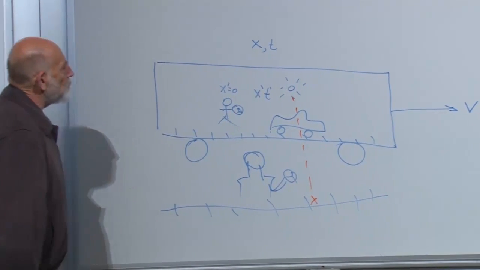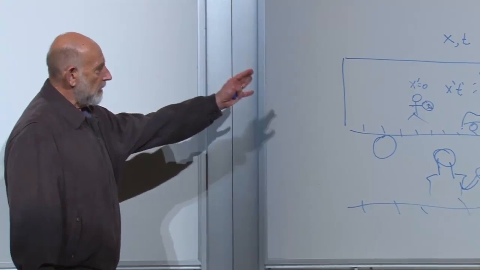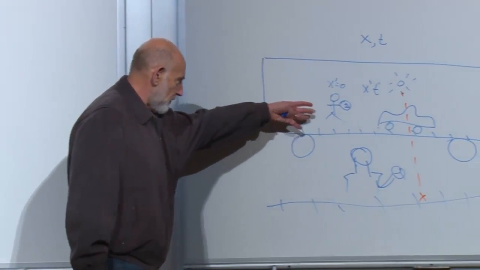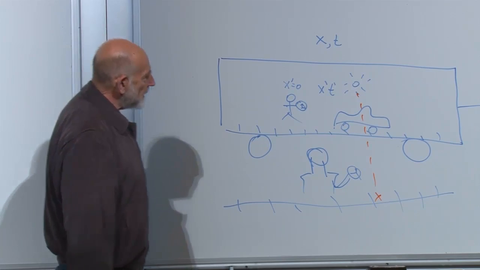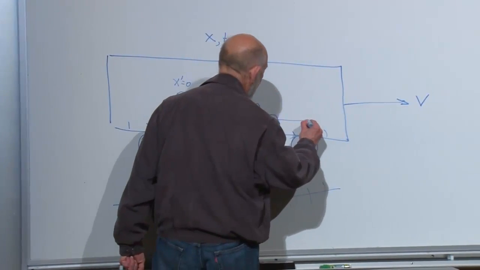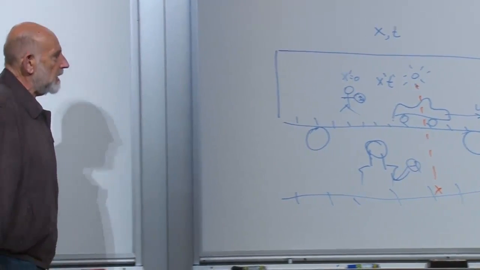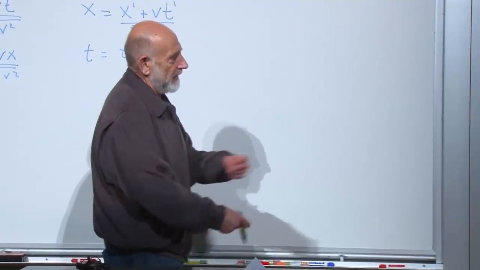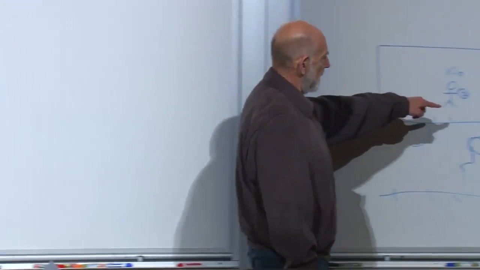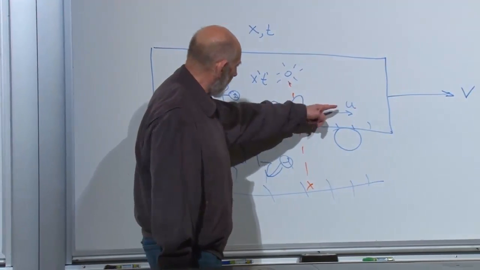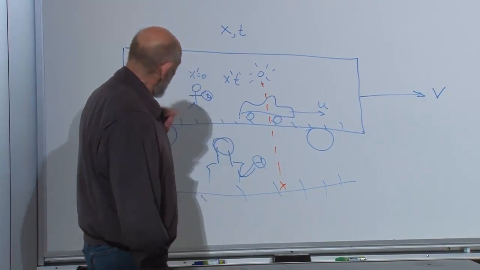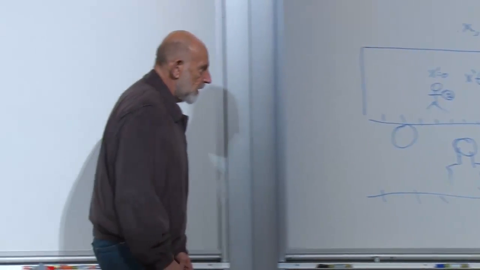And he's moving relative to the passenger. Let's call him the passenger. The passenger sees the little kid in the kiddie car pedaling down the aisle of the train with velocity u relative to himself.